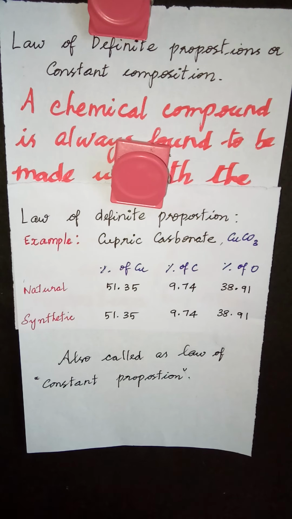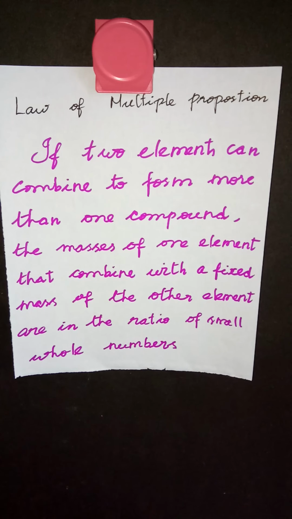So according to the law of definite proportions, whenever you take a chemical compound, it always contains the same elements combined together in the same fixed proportion by mass, no matter how you prepare that particular compound. Now let's move on to the third law, the law of multiple proportions, and this was first studied by Dalton in 1804.